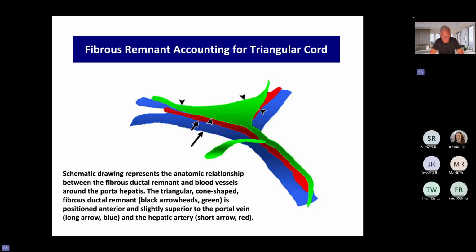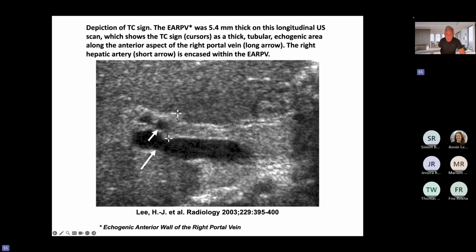This schematic drawing represents the anatomic relationship between the fibrous ductal remnant and blood vessels around the porta hepatis. The triangular cone-shaped remnant is positioned anterior and slightly superior to the portal vein and the hepatic artery. This is your triangular cord, and it's shown here.